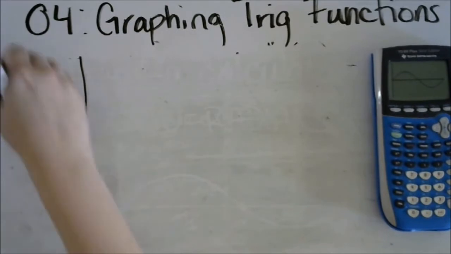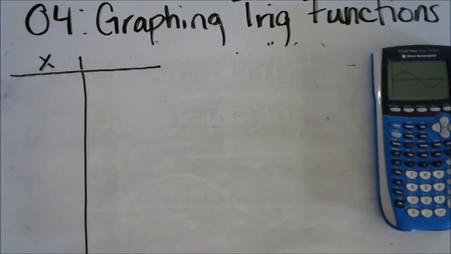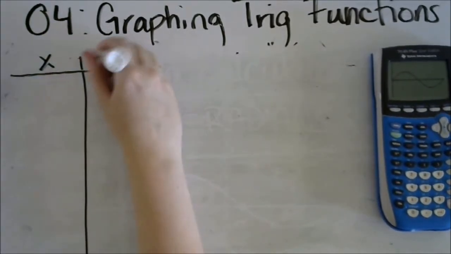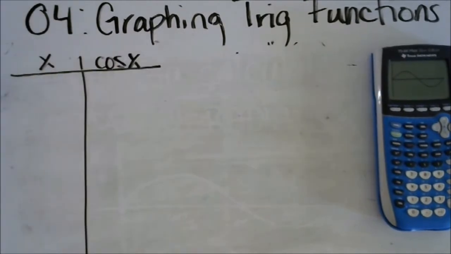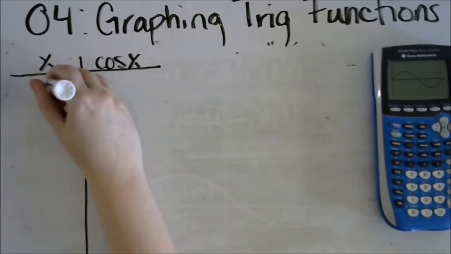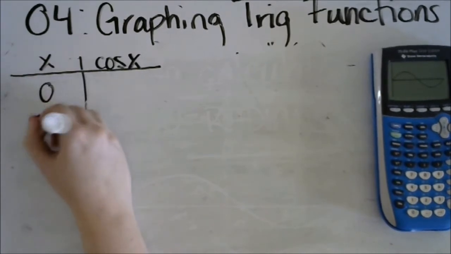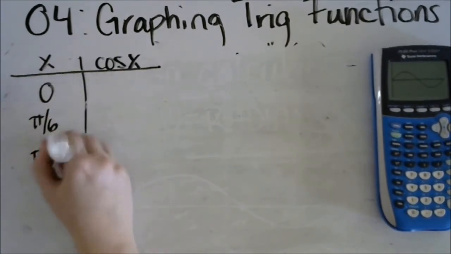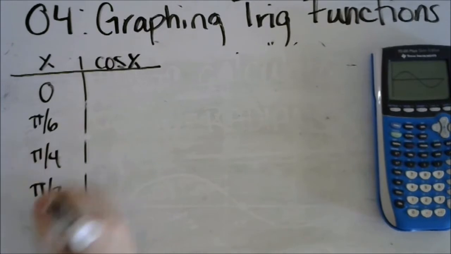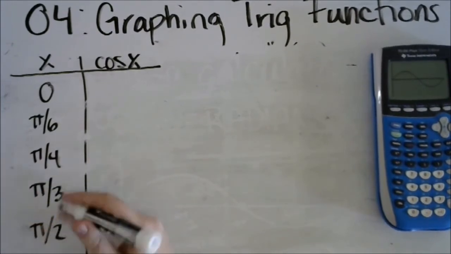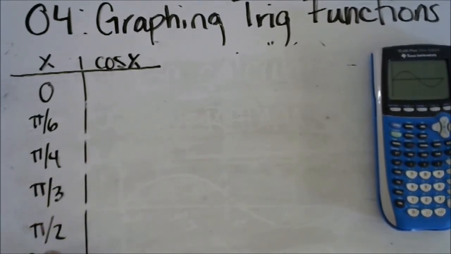Let's start a table where x is the domain in radians and y is all of the cosine values. Restart in quadrant 1 where the angles are 0, pi 6, pi fourths, pi thirds, pi halves, and since I have room, let's venture into the second quadrant at 2 pi thirds.